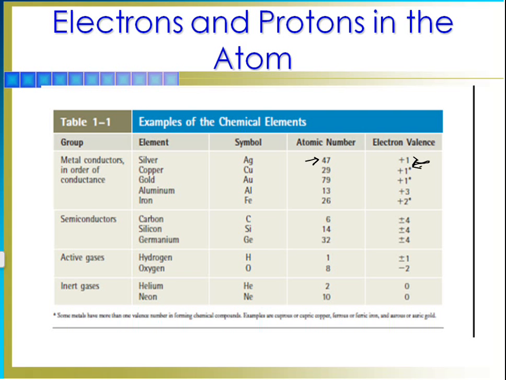And in this case, it's a valence of number 1. And that kind of means that the electrons aren't exactly stuck to that atom very well, and they could come loose, which means we can create an imbalance of protons versus electrons.